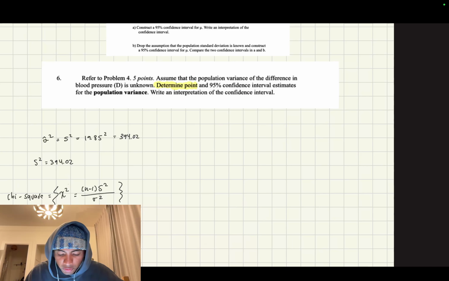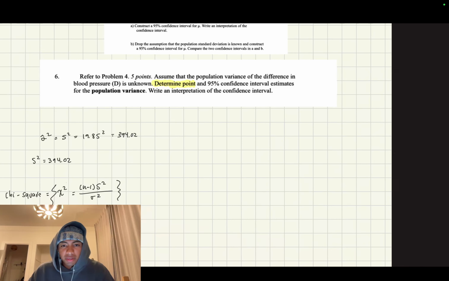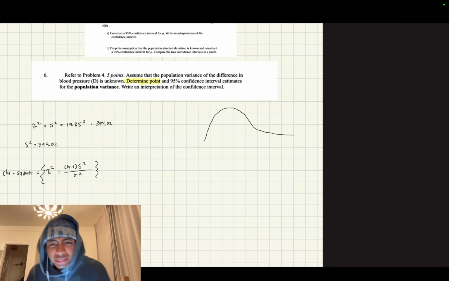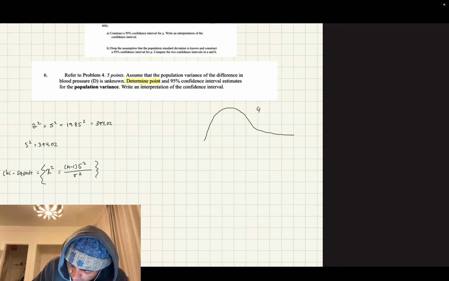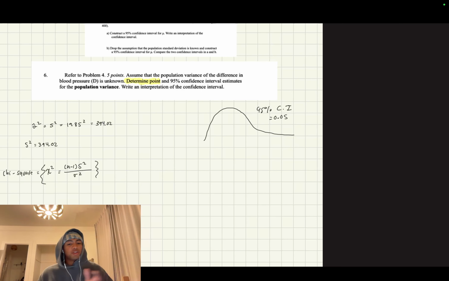A good way to go about this problem is to visualize it. I'm going to put it here on the top right of the screen. The chi-square distribution will look something like this. It's asking us to do a 95% confidence interval, so alpha is equal to 0.05. And what does an interval entail?